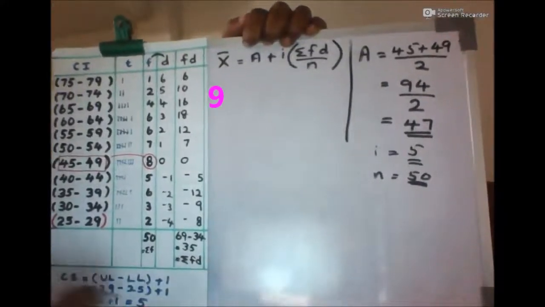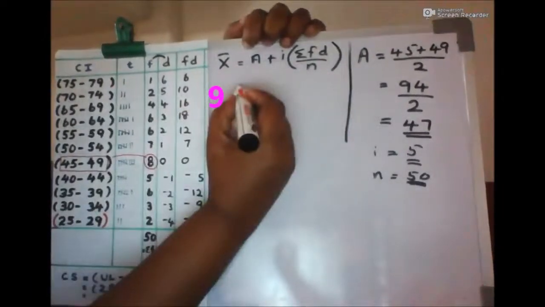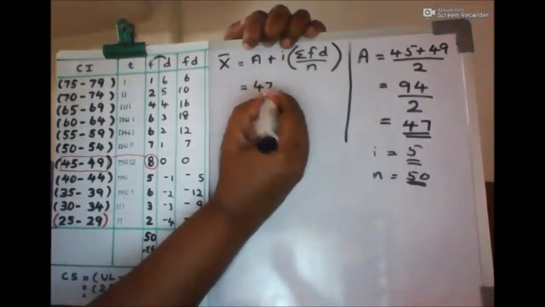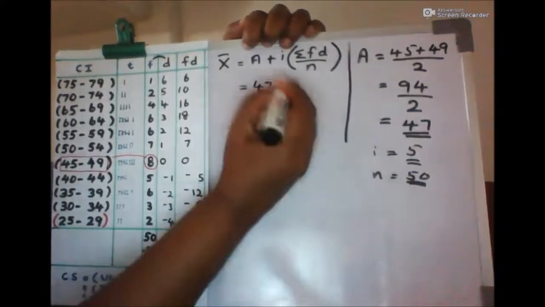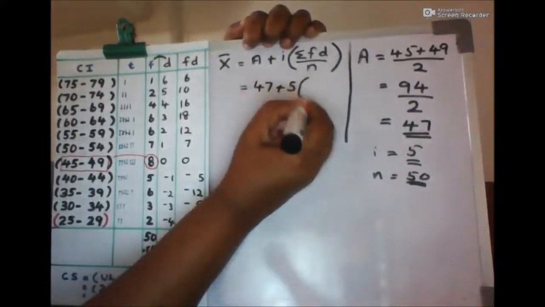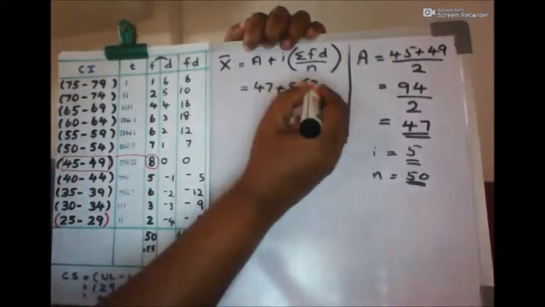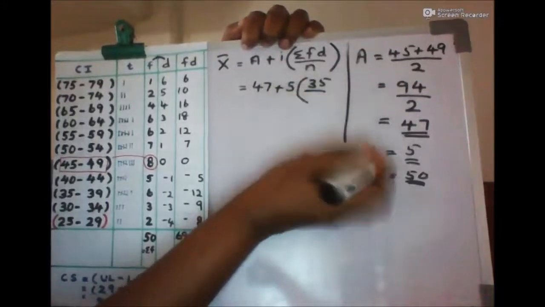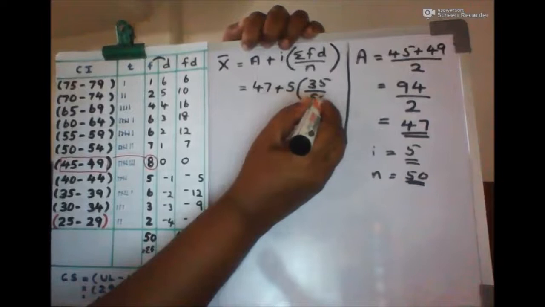Right. Now we have all the values, we'll apply them. A is 47 plus I 5 into summation FD 35 divided by n, that is summation F, 50, total number of students.